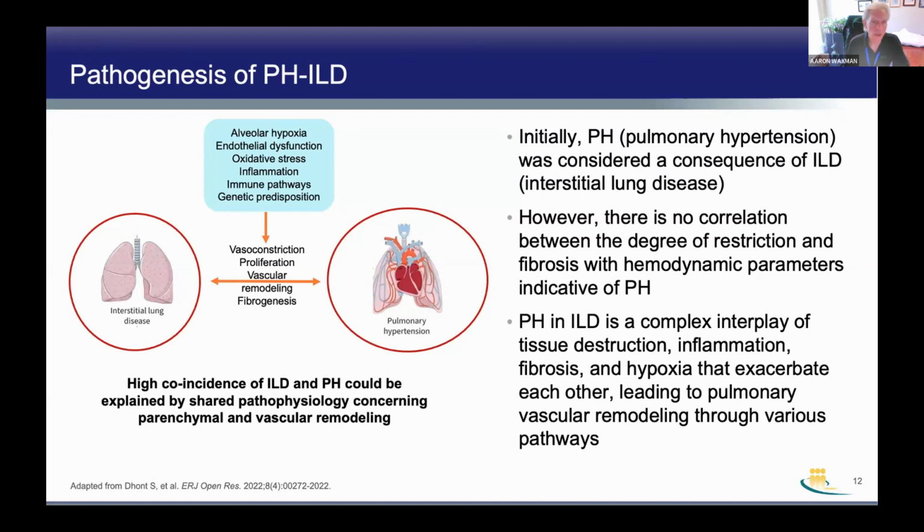Generally, there's no correlation between the degree of restriction and fibrosis, with hemodynamic parameters indicative of pulmonary hypertension. And really, pulmonary hypertension in this setting is a complex interplay of tissue destruction, inflammation, fibrosis, and hypoxia that exacerbate each other. And there's also a drive for true pulmonary vascular remodeling through various pathways.